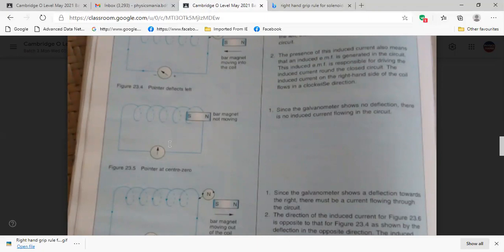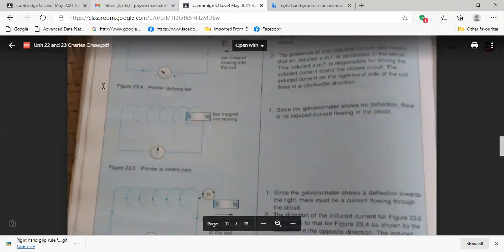Why is there no induced EMF or current? Because the magnet is not moving. As the magnet is not moving, the magnetic field lines are not cut by the coil. There is no change in magnetic field. Is it clear? Yes, sir. So you draw this diagram and the note I am writing here, you write that.